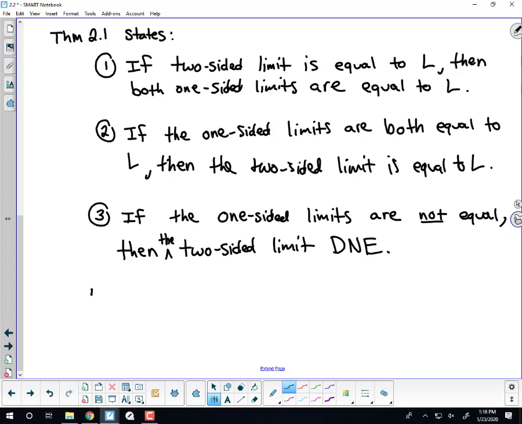And finally, if the two-sided limit does not exist, then, so if we know the two-sided limit doesn't exist, then we know that the one-sided limits are not equal to each other.